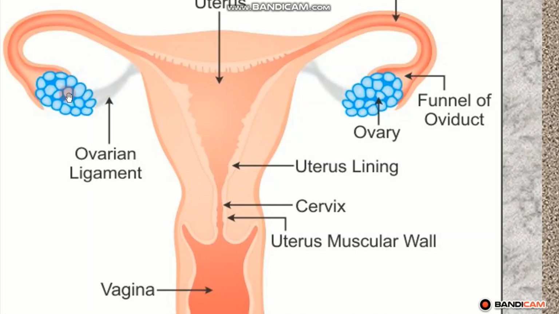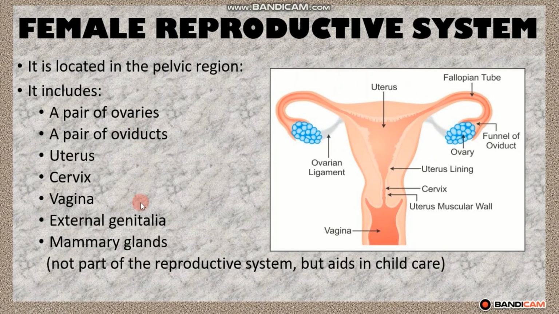Okay, this is the structure. And now see their other function, and learn, each ovary, talking about both, this one and this one. Each ovary is covered by epithelial cells.